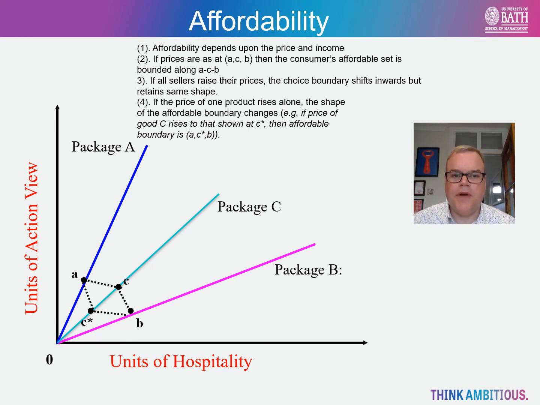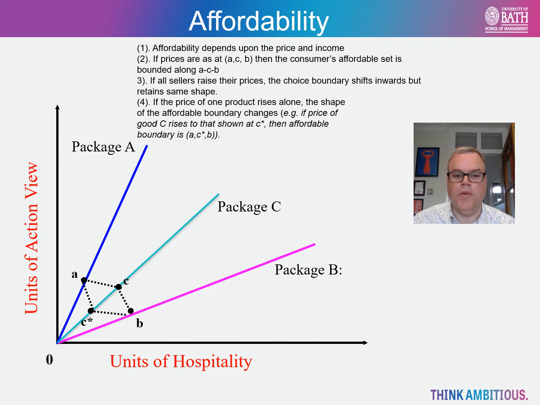Having considered preferences and products, we now need to consider affordability. In this diagram, we've added a third package, which we will come back to. Affordability depends upon the price, but also a consumer's income. If prices are at ACB, then the consumer's affordable set, or budget constraint, is bounded along ACB.